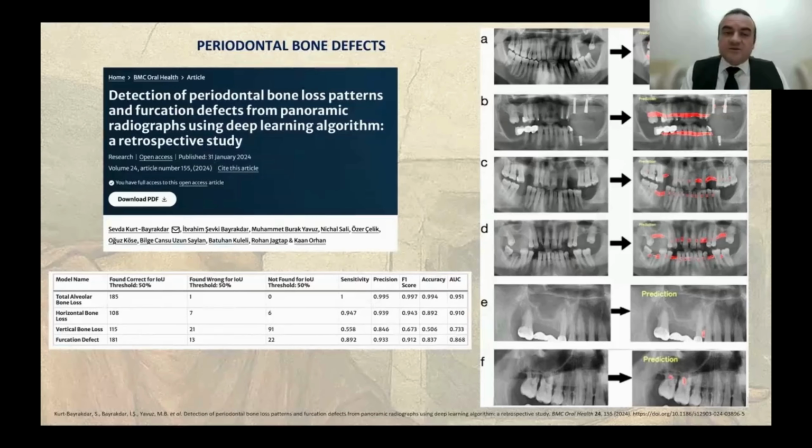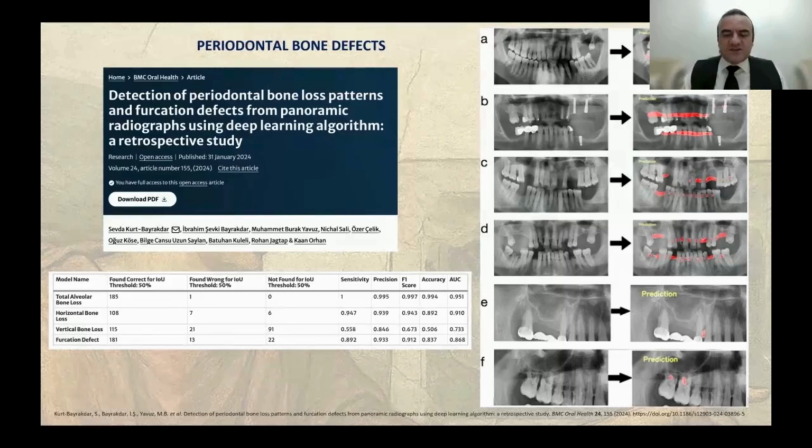But bifurcation defects are always challenging in imaging modalities. We performed a study about this, and you can see it is quite high for detecting periodontal bone defects. One thing is important, not just for the dentist, but also for the patients as well.